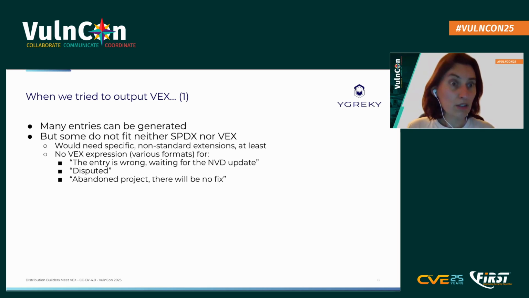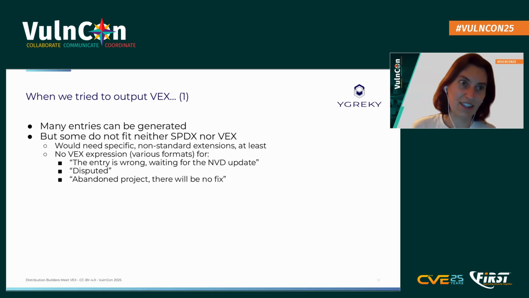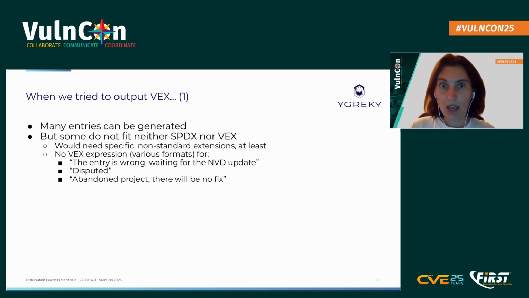And the good news is that we can actually generate quite many complete VEX entries from the data that we have. But not everything fits any VEX standard that we can put our hands on. So we need at least non-standard extensions to output all that we have.